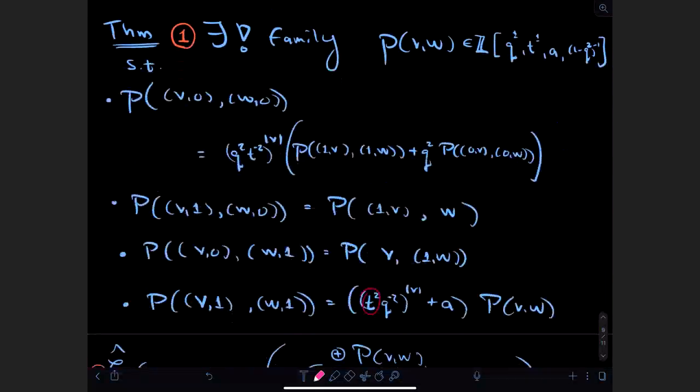So this is encapsulated in the following theorem. We define a bunch of polynomials, which satisfy the same recursion as in the previous 4 bullet points. They're not quite polynomials because they may have these denominators of the form 1 over 1 minus q squared.